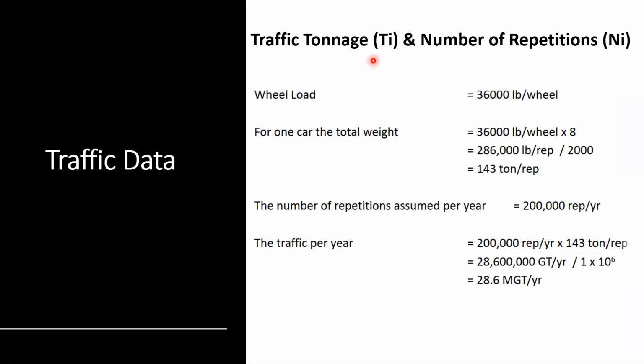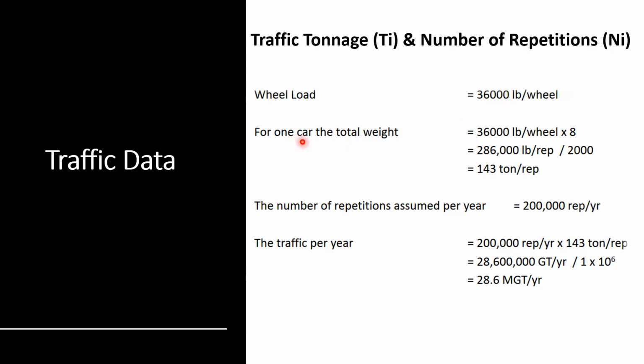Other 2 key factors for the traffic data are the traffic tonnage and the number of repetitions. I thought this would be an easier way to go through them and see their significance. Typically, for some common rail cars, you're dealing with 36 kips per wheel. This is the static wheel load.